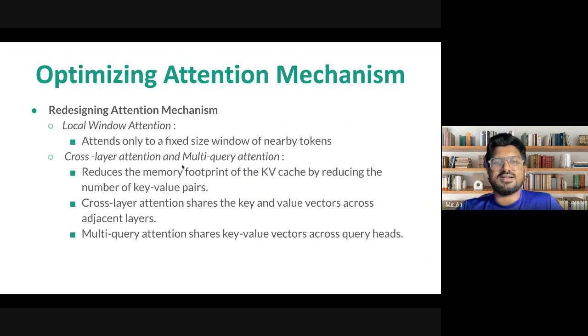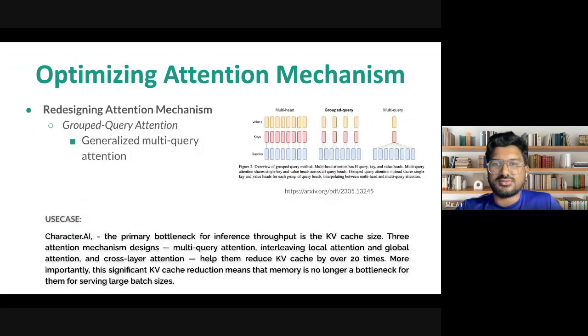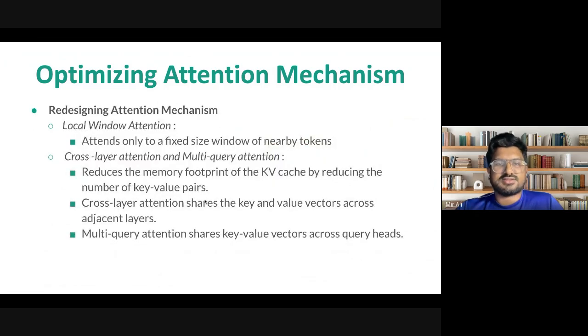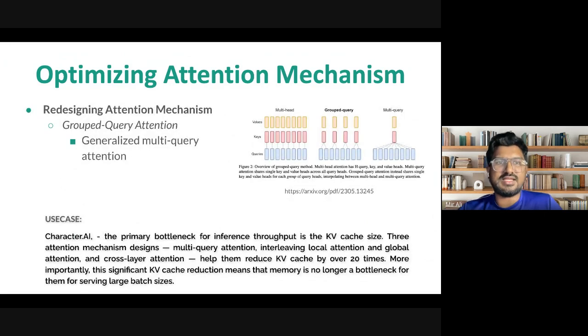Multi-query attention is where we try to reduce the memory footprint; here the key and value pair are connected with multiple queries. Cross-layer attention shares key and value vectors across adjacent layers, and multi-query shares them across multiple query heads.